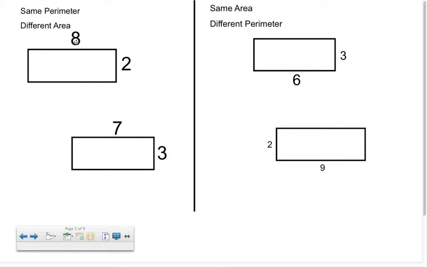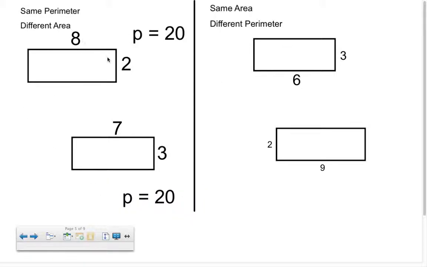The perimeter of this shape is 8 plus 8 plus 2 plus 2, and that gives us 20. So P equals 20, that's perimeter. And the perimeter of this shape is 7 plus 7 plus 3 plus 3. If you add all that up, you will get 20 again. I promise, add it up. Check yourself.